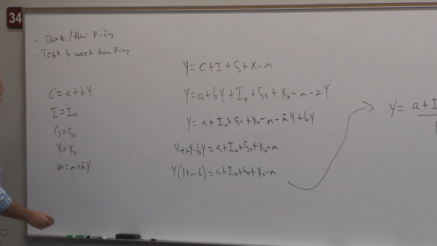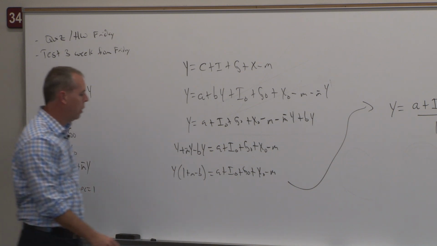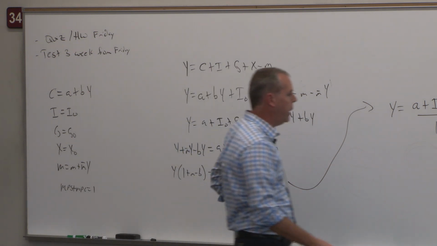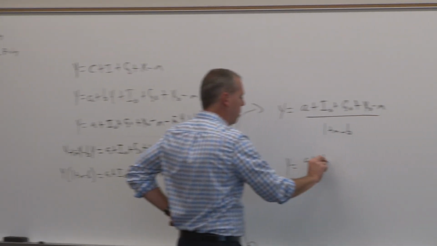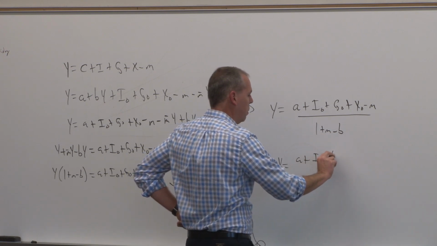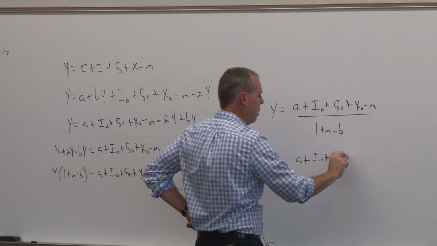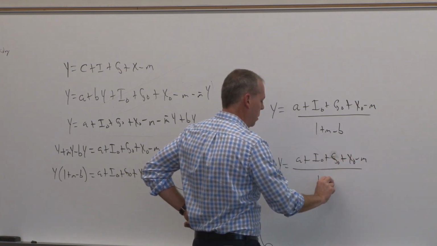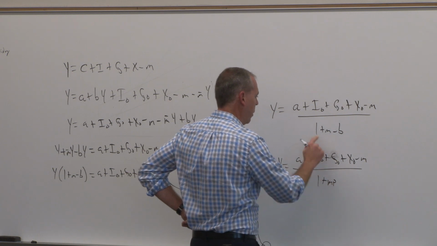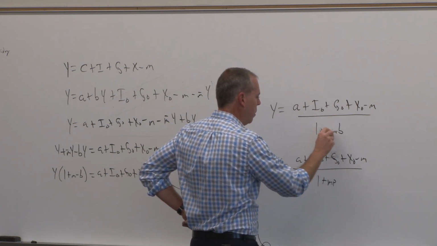But remember, the MPS and the MPC are equal to 1. So the negative of negative B is the marginal propensity to import. Or to save, I mean. Strike that. That should be negative. Strike that.